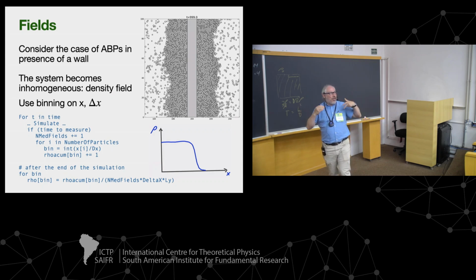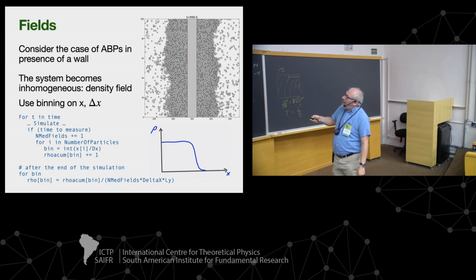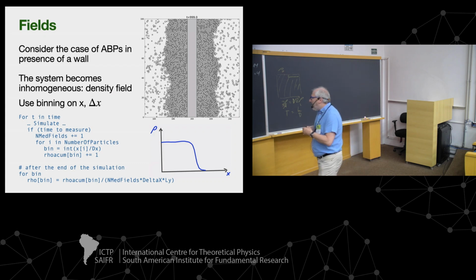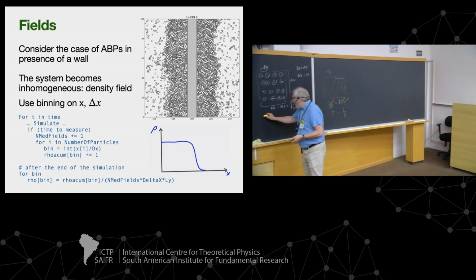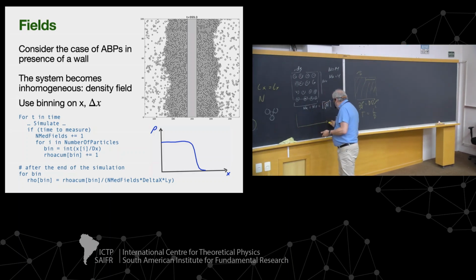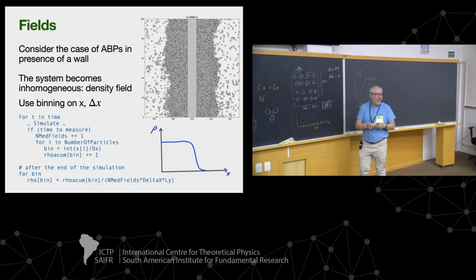You want to measure after the transient, for example, every 100 time steps. You say, okay, I just made another measurement, and then you run over all particles. For the density field, you have to bin on the position. In this case, it's 1D, so you just bin on 1D.